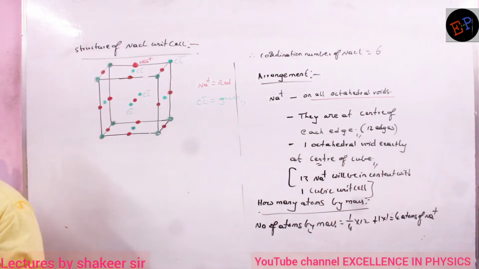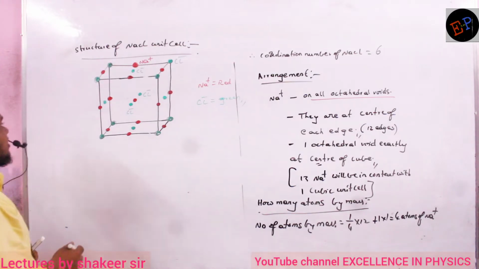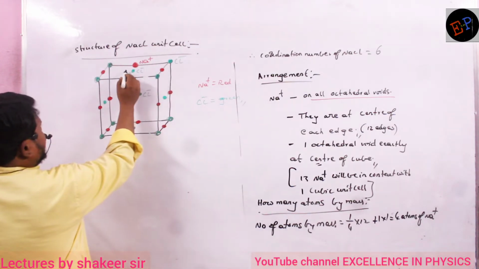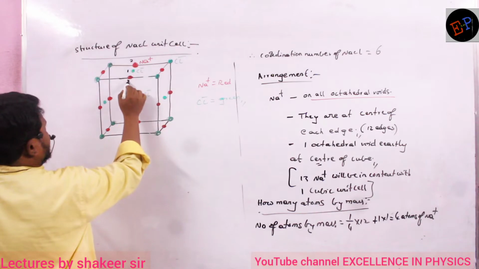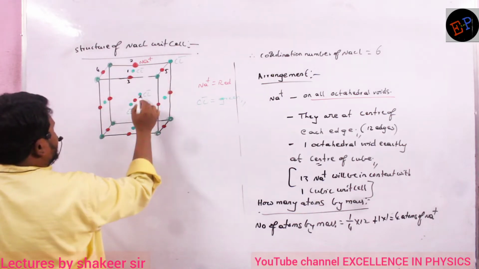So therefore what we write, for example, let this one be given the name 1, 2, 3, 4, 5, 6. Clear?